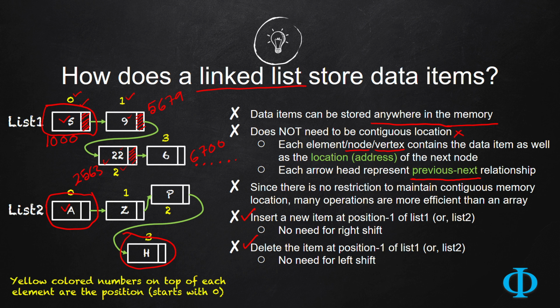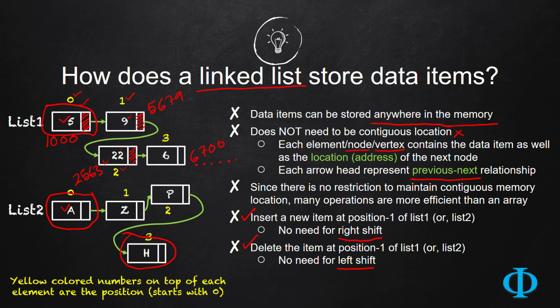Because in an array, in order to maintain the contiguous memory location, you have to do a right shift when you want to insert an element, or you need to do a left shift of all the elements afterwards when you want to delete an element.